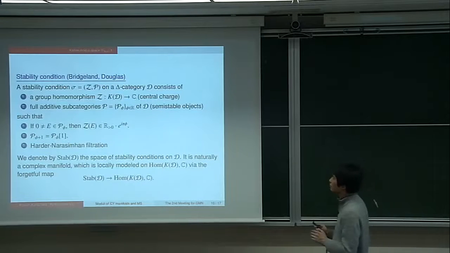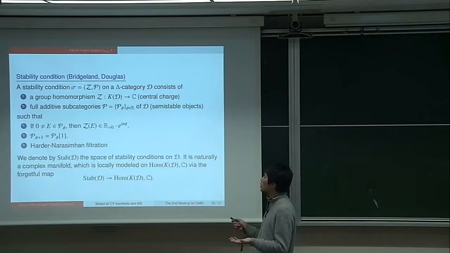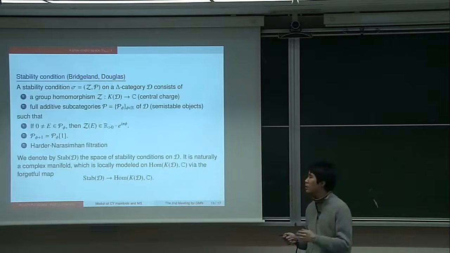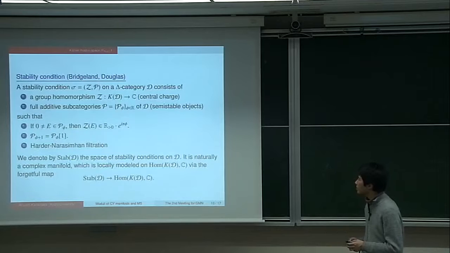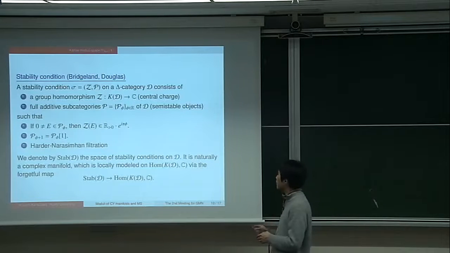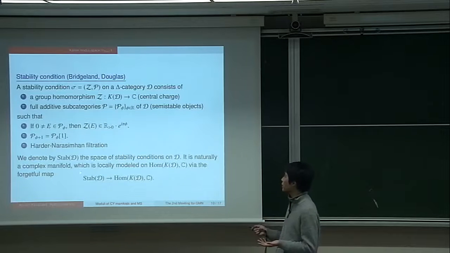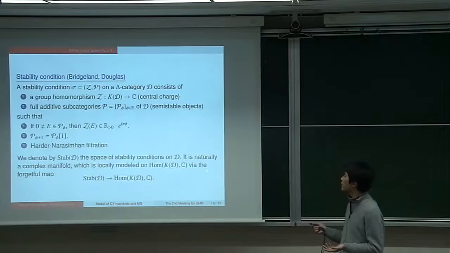That's not that important. We consider the set of such stability conditions on a fixed triangulated category, and we denote it Stab D. And it turned out, it's basically Bridgeland's theorem, that it is naturally a complex manifold, which is locally modeled on this vector space via the forgetful map.